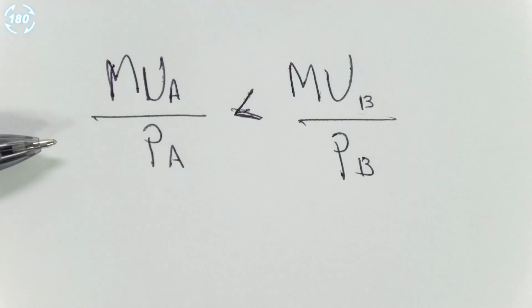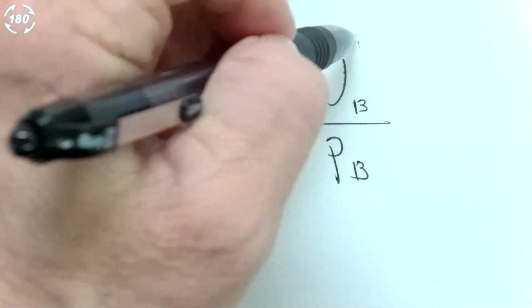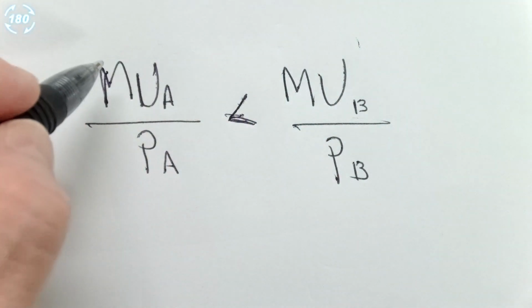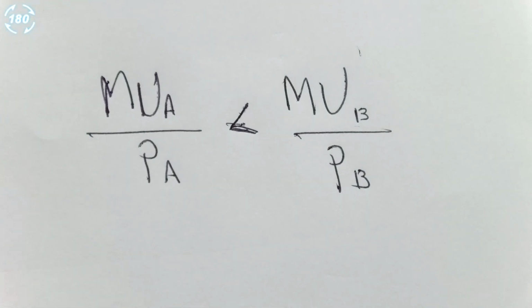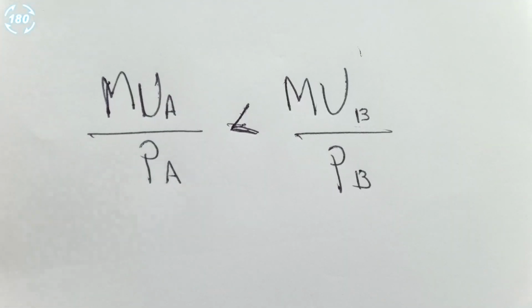In other words, how would you reallocate your spending between A and B so that you experience more total utility? More total utility. You're either going to buy more of A and less of B, or more of B and less of A. So what do you think there, class? If this is the situation on the last dollar you spend, then a rational consumer is going to what?